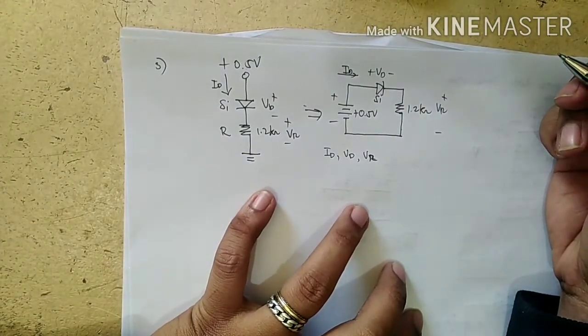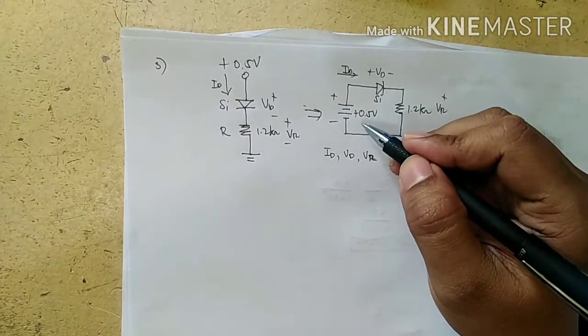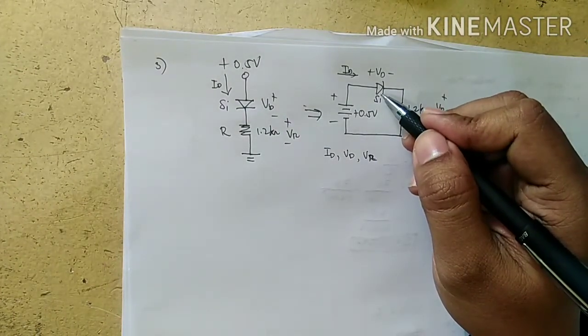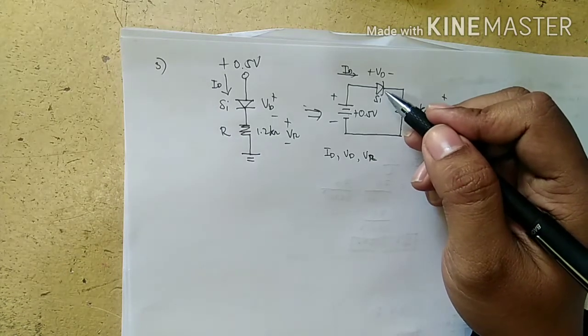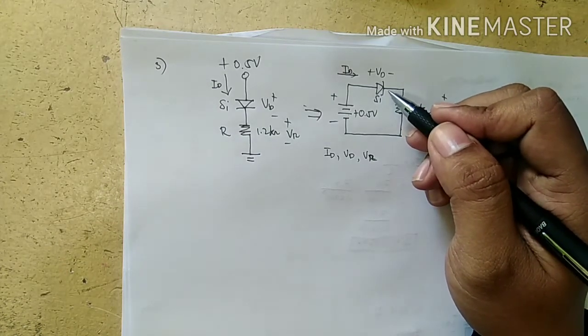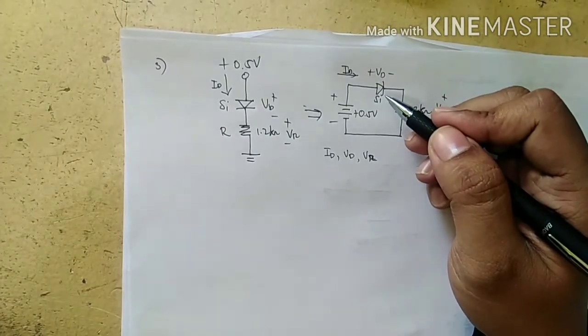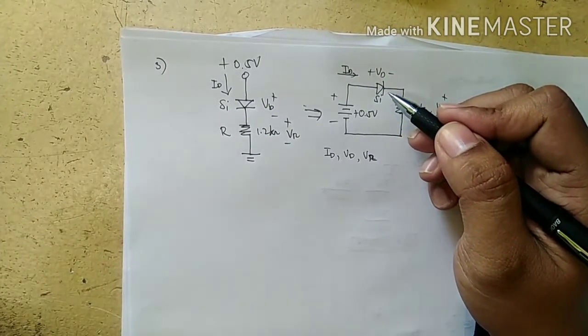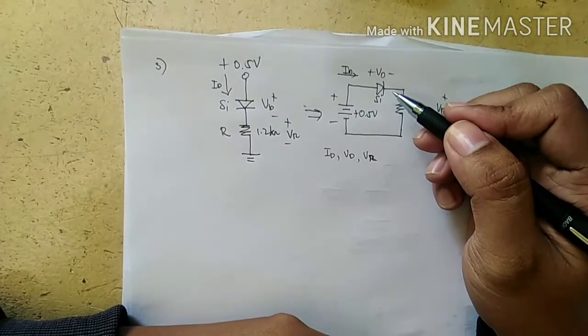So what is our supply voltage? The supply is 0.5 volts, and we are using a silicon diode, which has a voltage drop of 0.7 volts. That is the minimum requirement for the silicon diode to turn on.